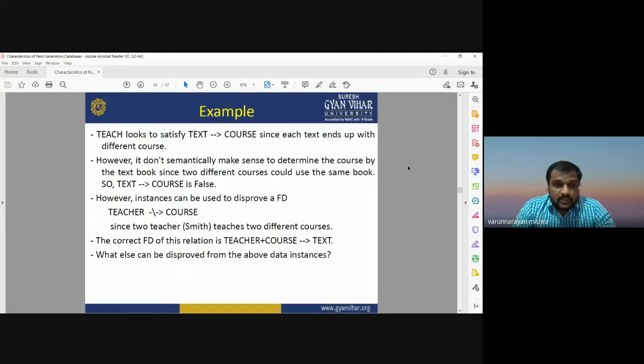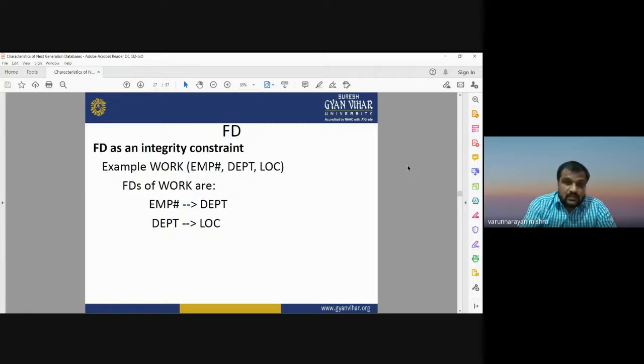So the text to course relationship is false. However, another instance can be used to disprove a functional dependency like teacher to course. So the correct functional dependency of this relationship is teacher plus course to text, and what else can be disproved from the above data instances.